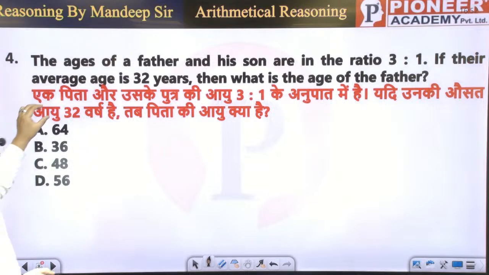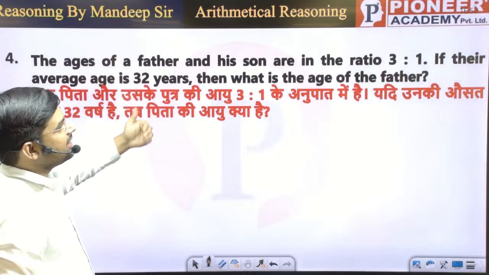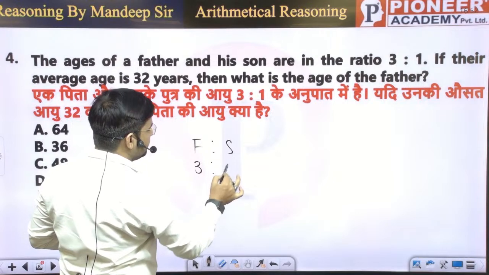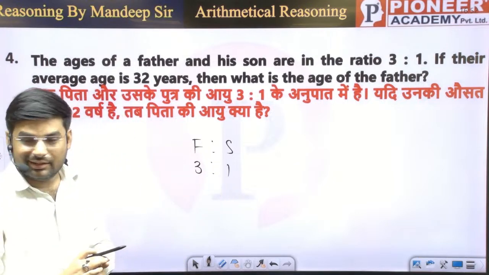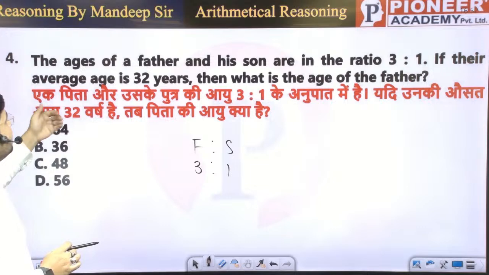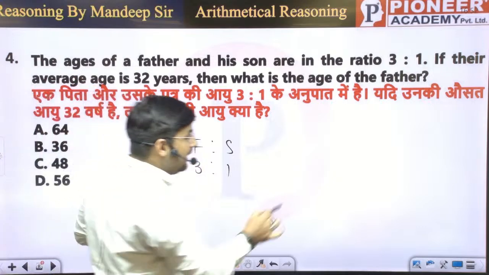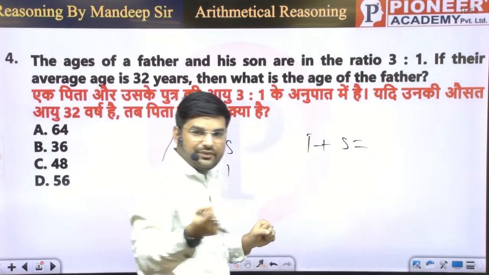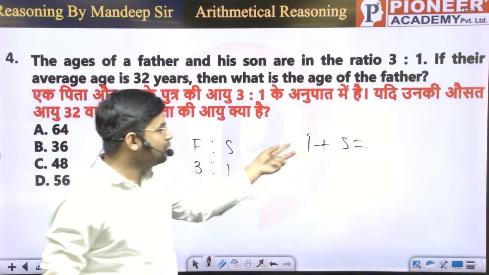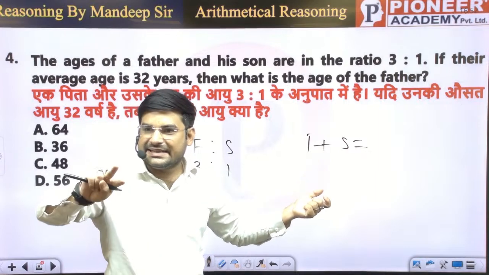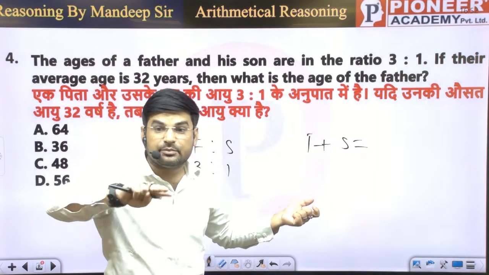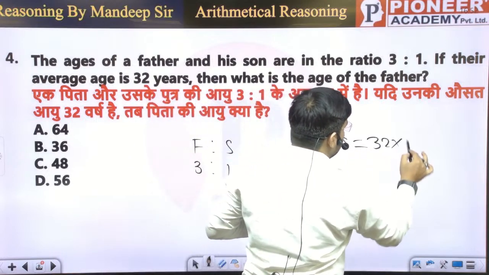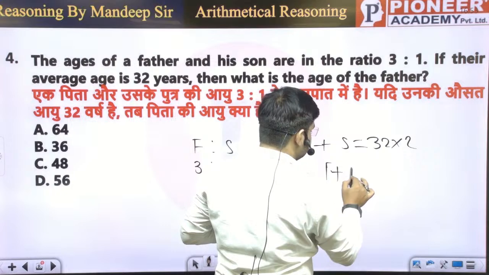Look at the question. The ages of father and his son are in the ratio of 3 to 1, and their average age is 32. If the average age is 32, then the sum of ages is 32 into 2, which is 64.